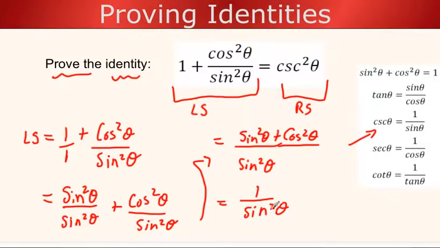So 1 over sine squared is the same as cosecant squared. And notice, I've taken the left side, done some algebra, substituted a known thing, and then substituted another known thing, and I ended up with the right side, which means I've proved that that equals that. So my last statement is, I've proved that the left side of that equation equals the right side. And we've just proved that identity.